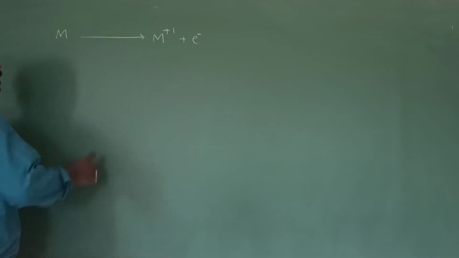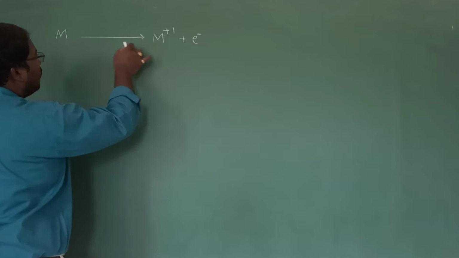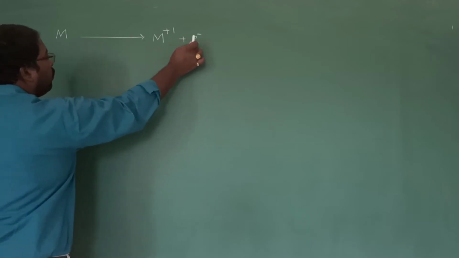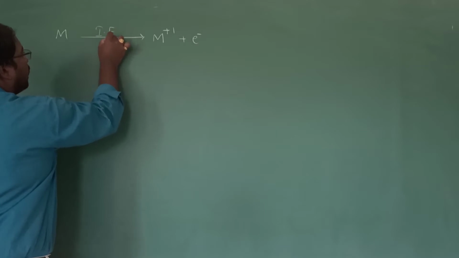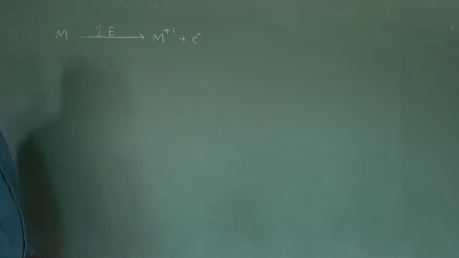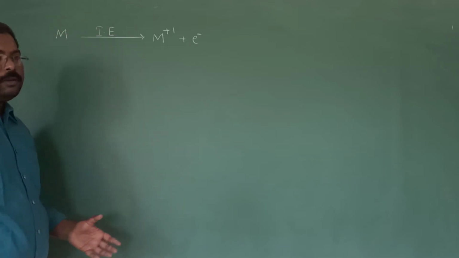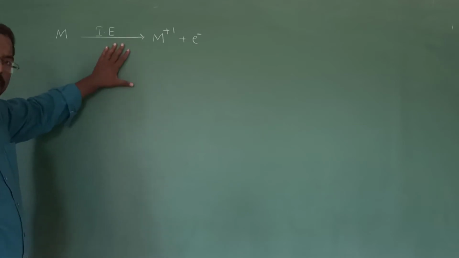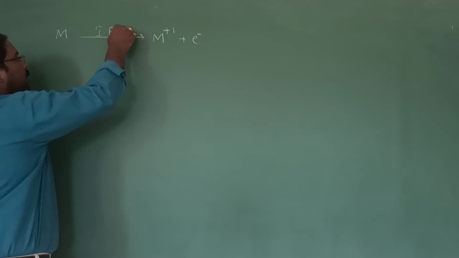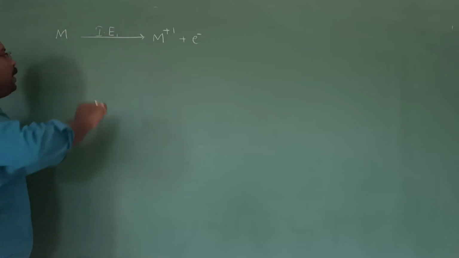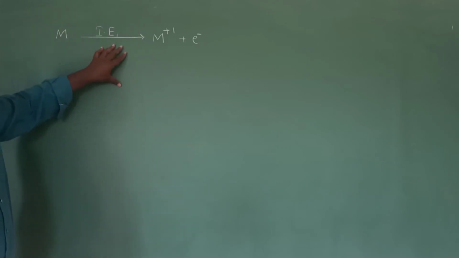So this process is ionization and the corresponding energy required to remove this electron is known as ionization energy, also ionization potential. Generally, ionization energy is nothing but first ionization energy.